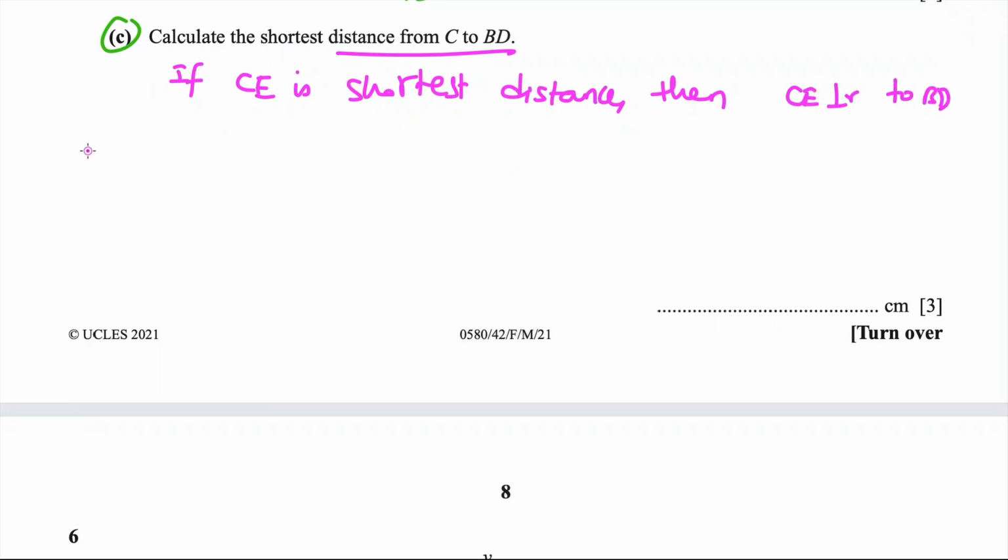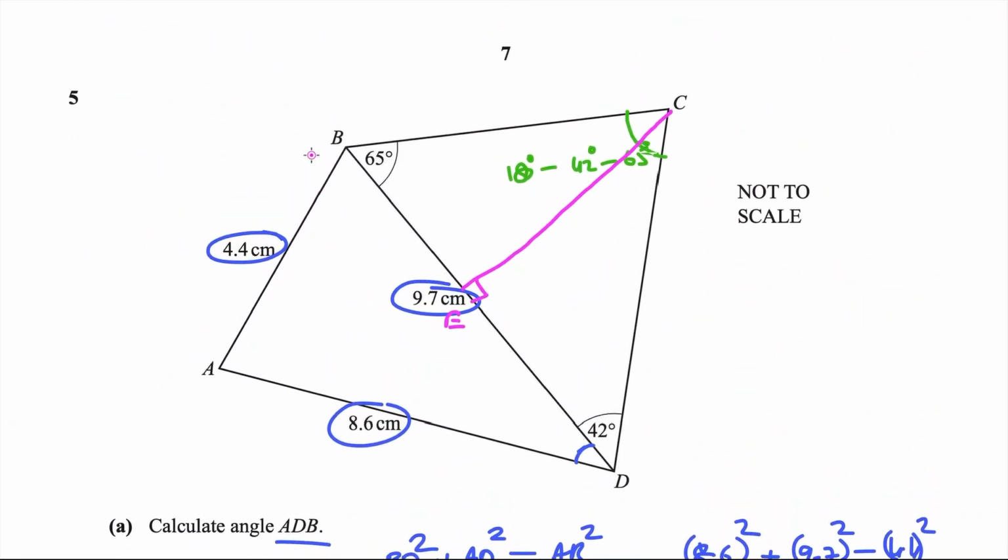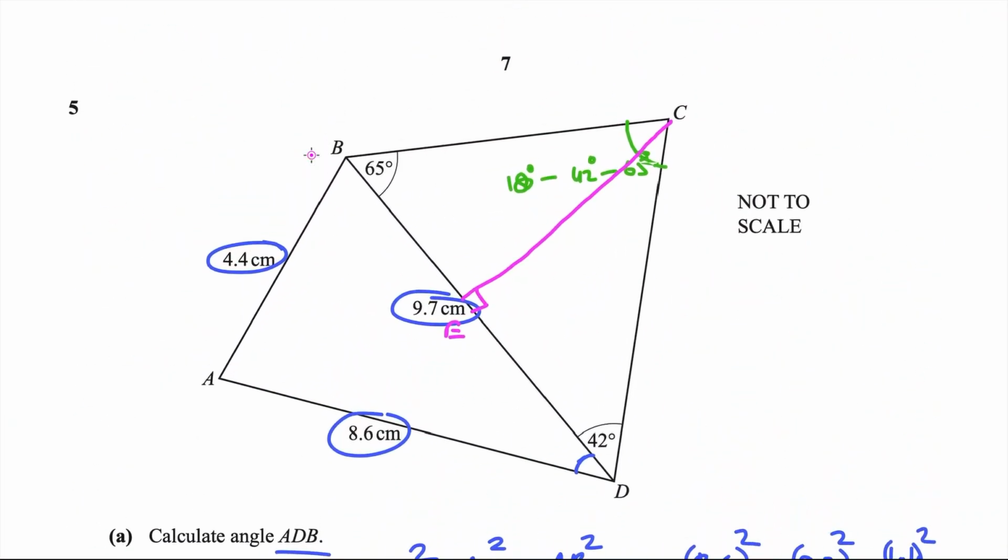And so now in triangle CDE, what can I see? In triangle CDE, this is a right angle triangle, and I know this side, I have calculated it. So I know the hypotenuse, and I know this angle 42 degrees, and I want to find out the opposite side.